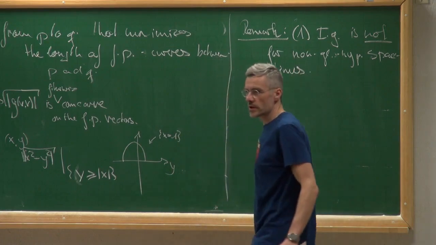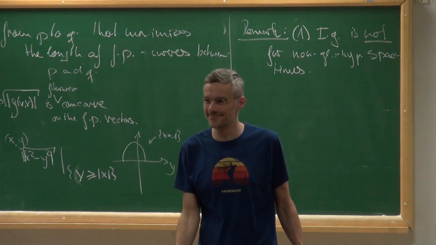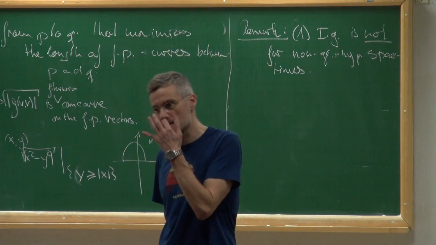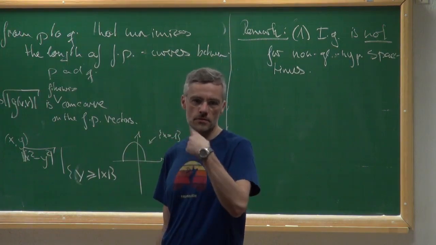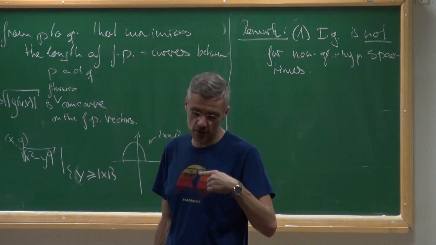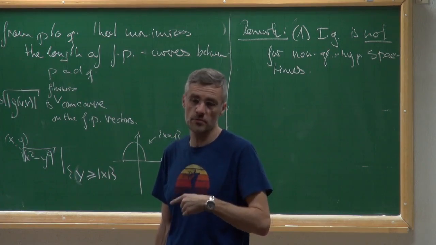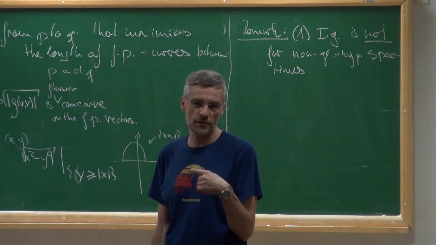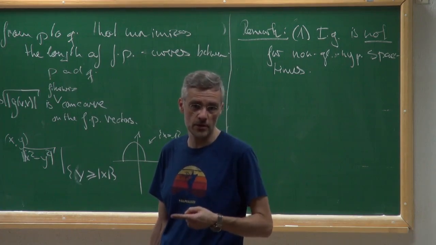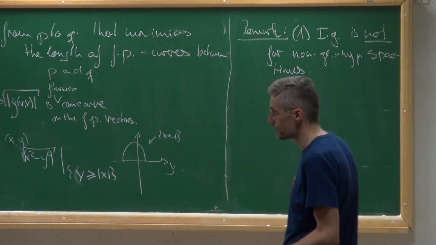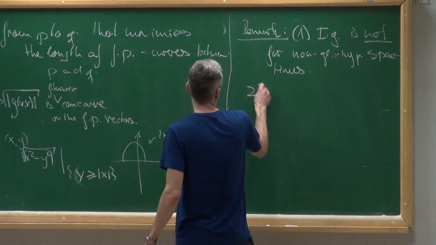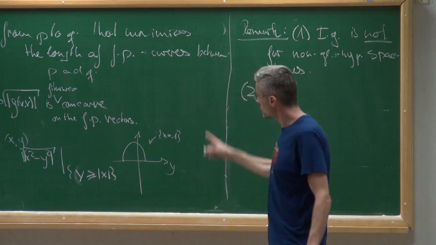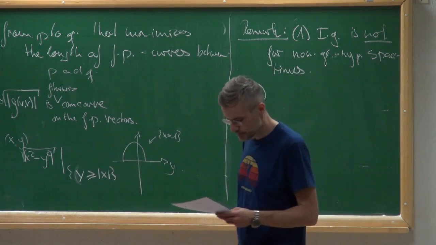For example, compact ones. If you have a closed spacetime, then of course you have time-like loops, and then the maximal length of time-like curves from that point to itself will be infinity, because you can just iterate. That's why you assume global hyperbolicity here.